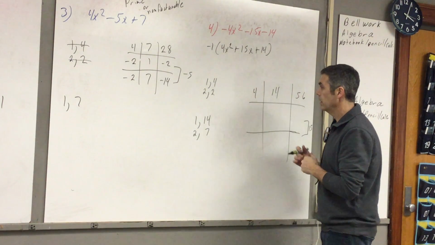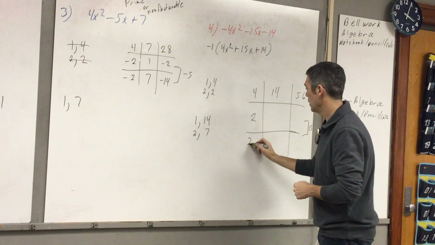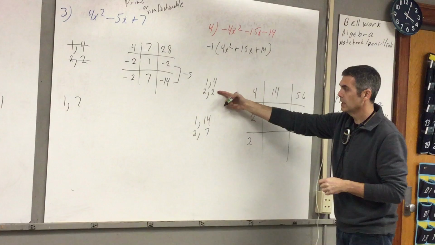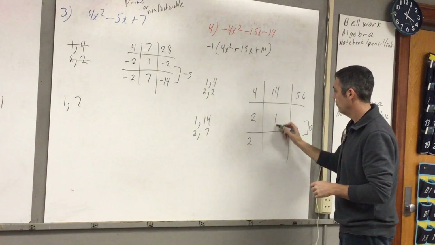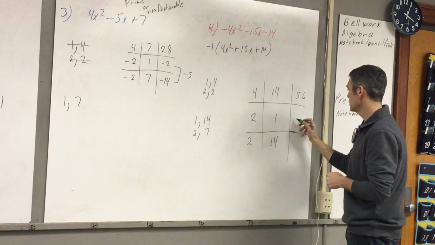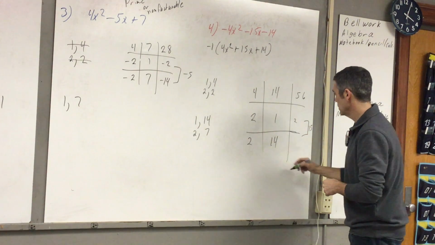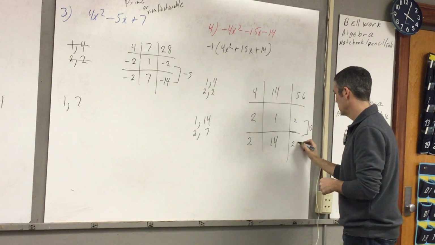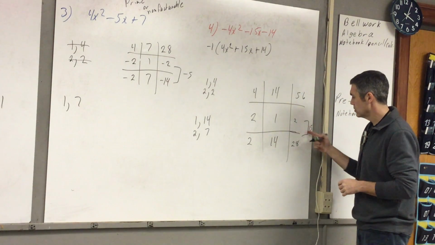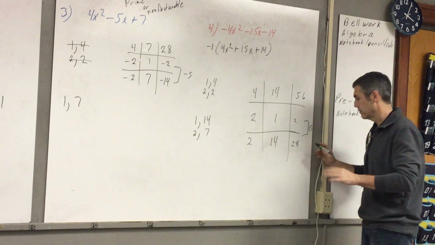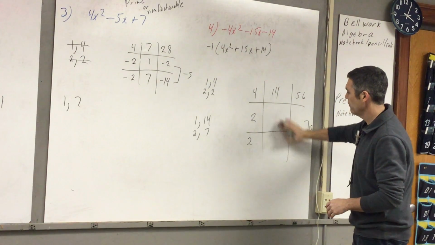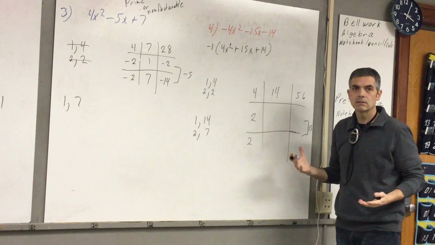So, let's do 2 and 2. Okay, 2 and 2, that's these. Now we're gonna try 1 and 14, okay? 2 times 1 gets us 2, 2 times 14, 28, but I can stop right now. Look, 28 and 2 do not add up to 15. Okay, so not those. All right, and if I reverse it, it doesn't matter, right?